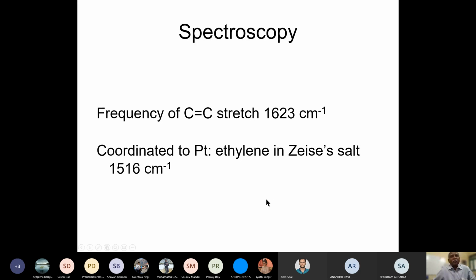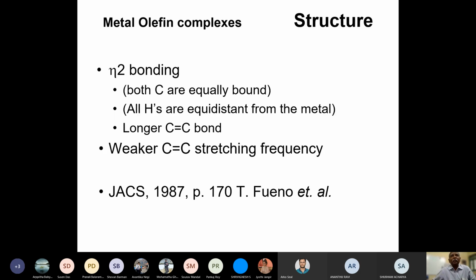So this is a drastic drop, whereas the carbon-carbon bond length is not as much increased as the stretching frequency change. This we have found even in carbon monoxide. The stretching frequency is a more sensitive indicator of the metal-carbon interaction.